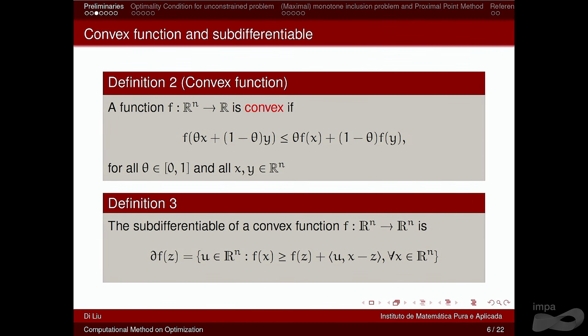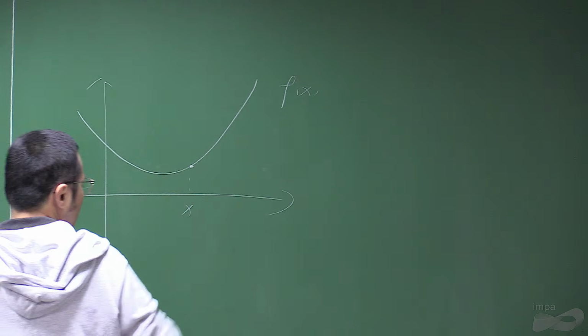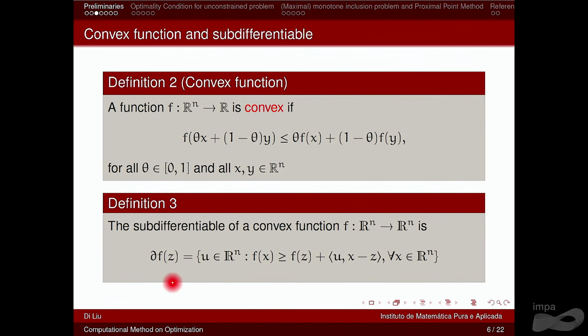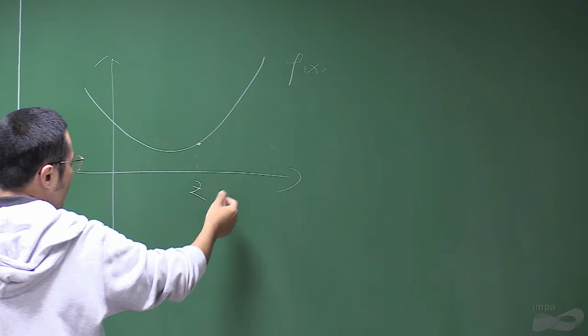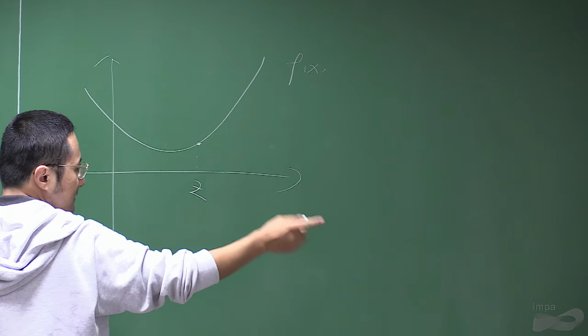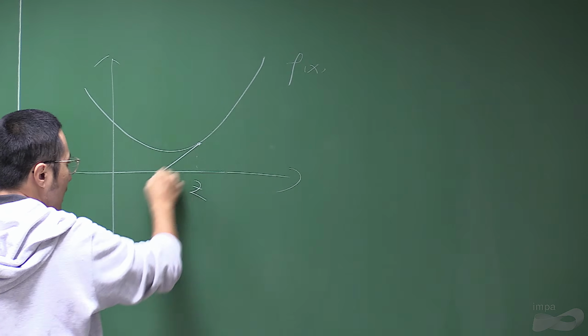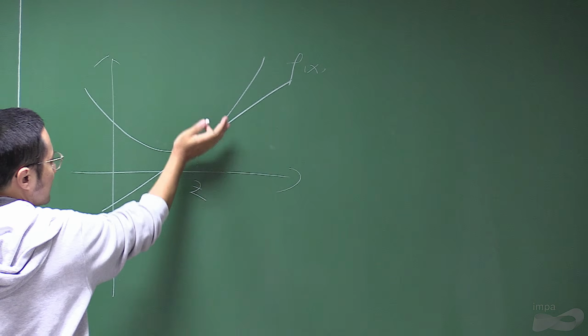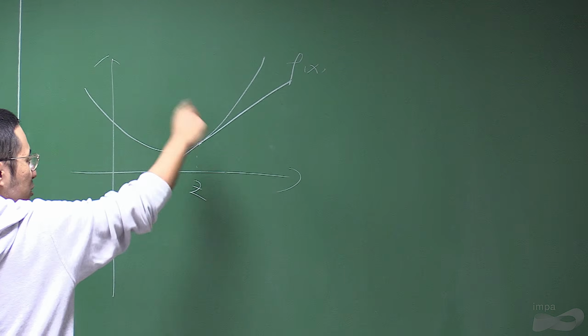What does it mean? For example, here we have a convex function f. We have a point here, sorry, use z here. The subdifferential at point z: each element in this subdifferential defines a half space which can contain the function f.